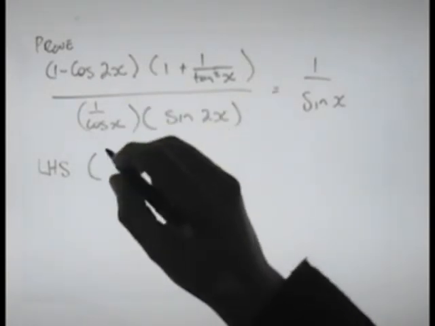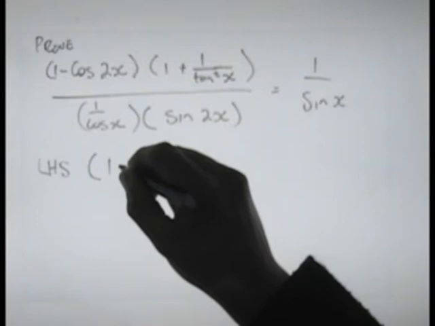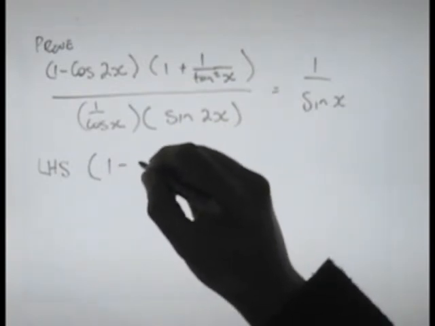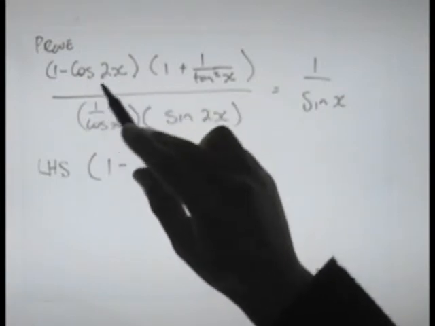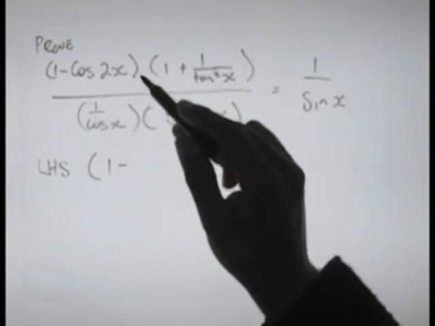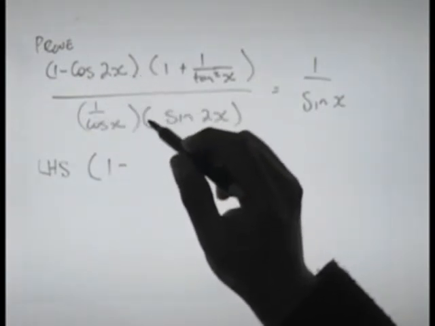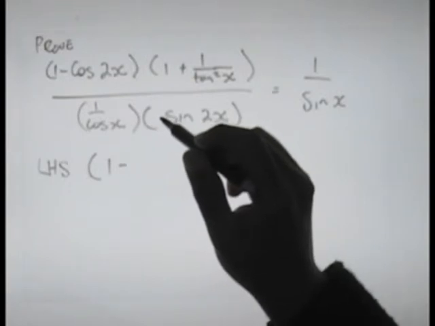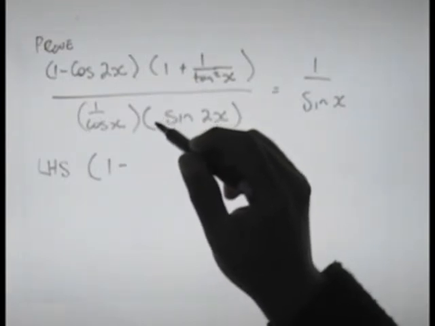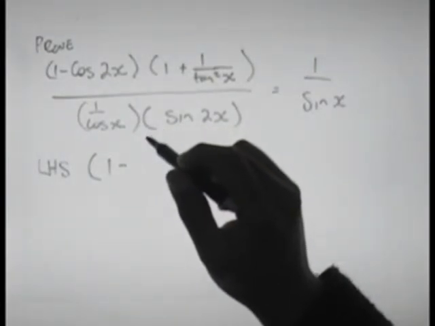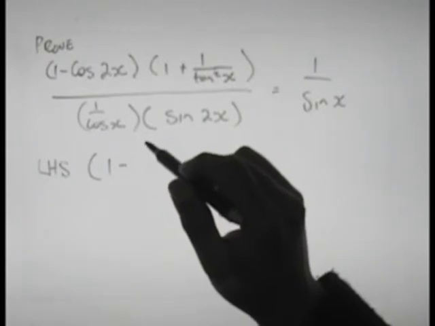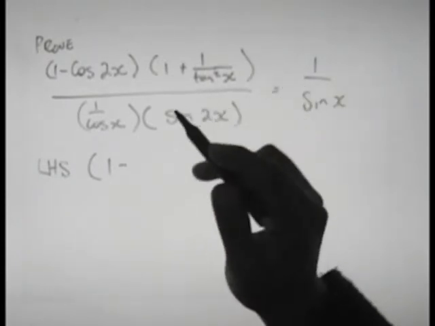1 minus cos 2x, I'm going to turn that into 1 minus cos 2x, and there are three possibilities. The one possibility is cos squared x minus sine squared x. The other possibilities are 1 minus 2 sine squared x, or 2 cos squared x minus 1.